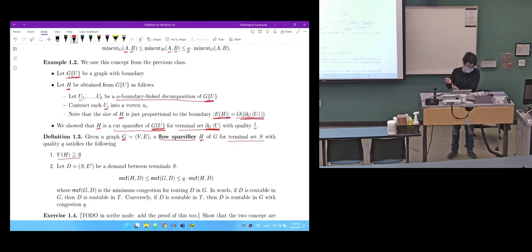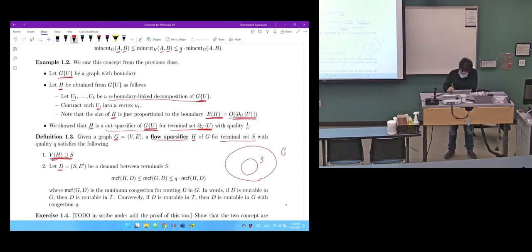The first condition is the same: H contains S. And the next thing is that for any demand, if you have a graph G and this is S, and the demand is only between vertices in S, then the congestion for routing D inside G and routing D inside H is approximately the same up to factor Q.